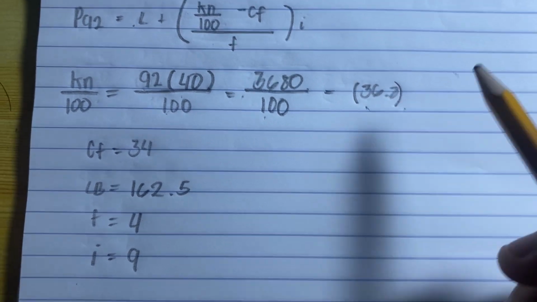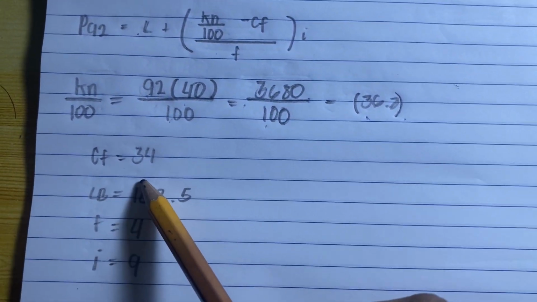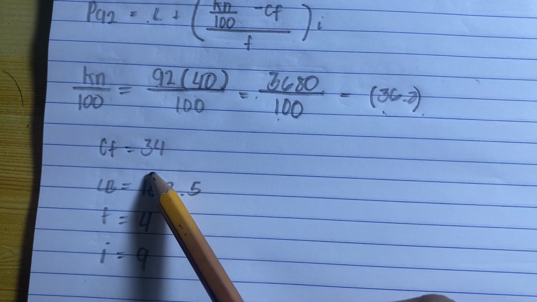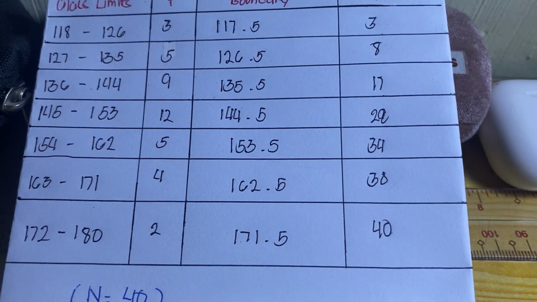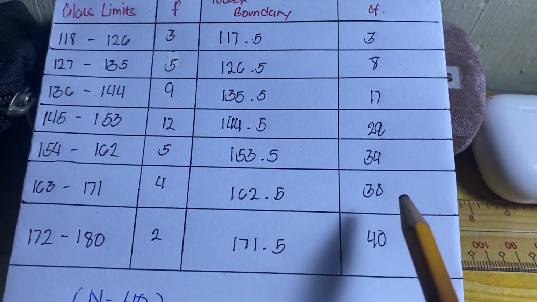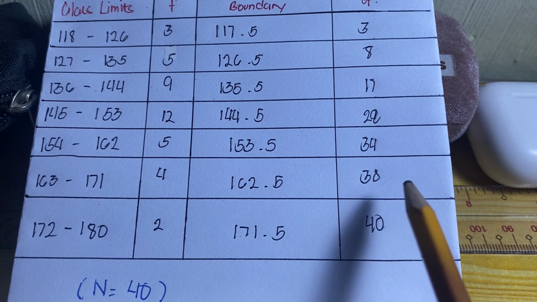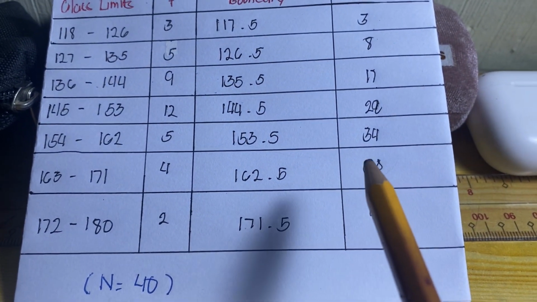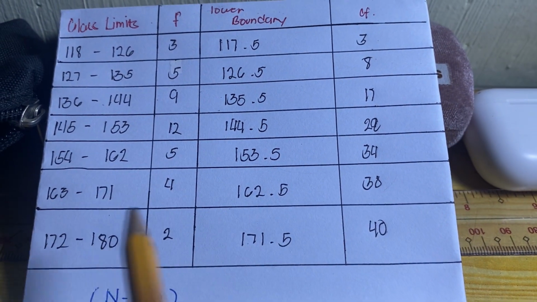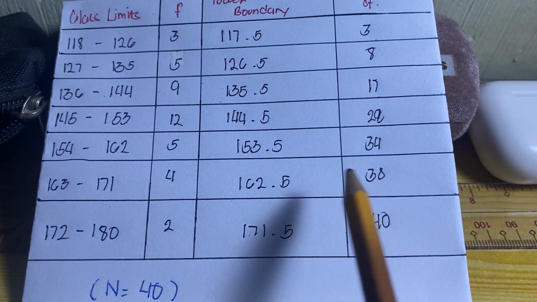So, ginamit natin tong 34 na to, kasi dito natin siya nakita. Nag-get na yung percentile class natin as sa 34 and 38. So, kaya nga sinabi ko na let's always pick the higher number. So, dito siya mabibilang sa row ng 38.